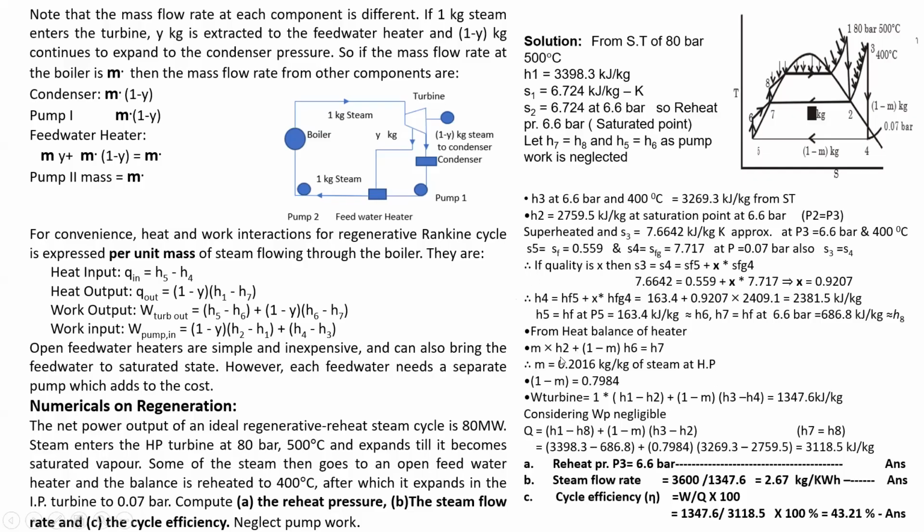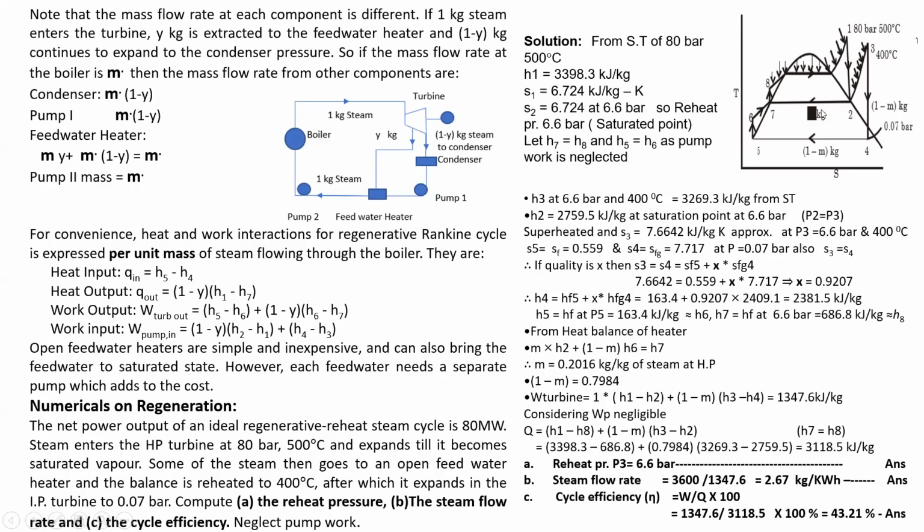M into H2 is the heat contained by the extracted steam, plus 1 minus M, which is the amount going on, into H6. Whatever is coming at the last, before the boiler, the value will be H6.